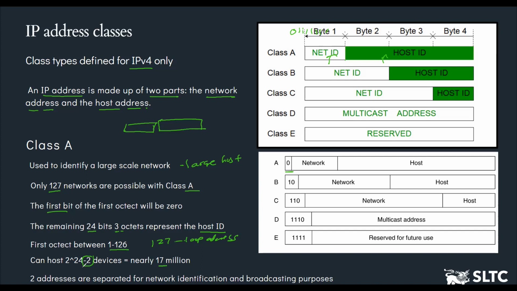The first address is allocated for network identification, and the last address is allocated for broadcasting purposes. So if some broadcast message needs to be transmitted in the network, this common IP address is used.